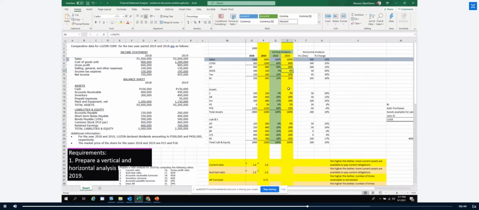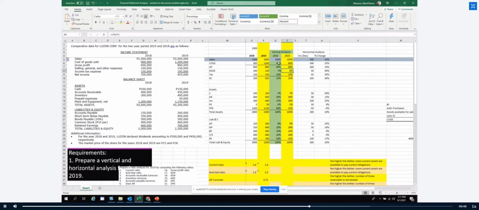So as a financial manager, what we'd like to know is what drove this 1% increase in the selling, general and other expenses. Of course, right now we're just seeing percentages, but in reality, we need to really dive in and see what are the factors contributing to the increase in this particular line.